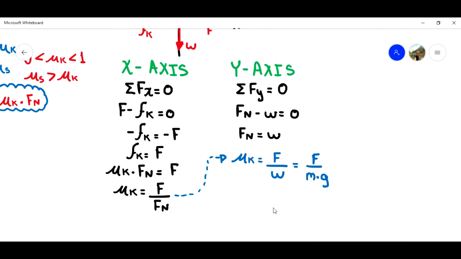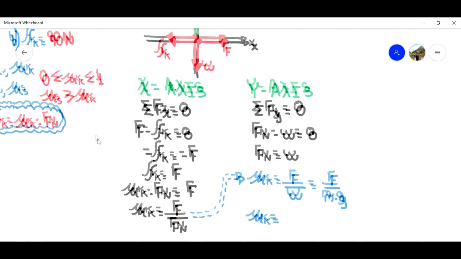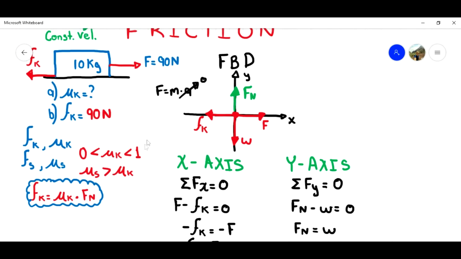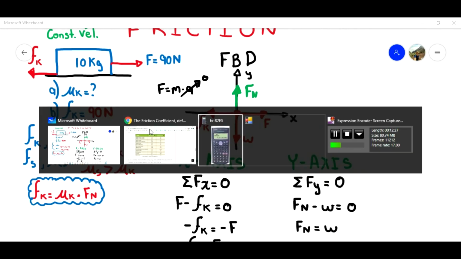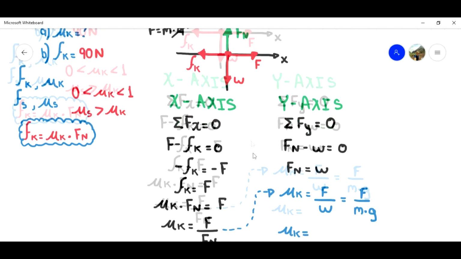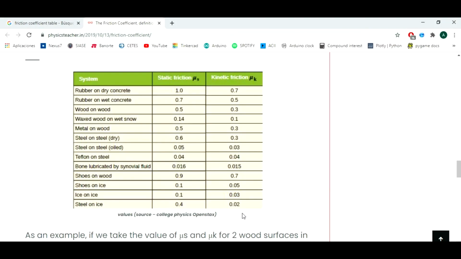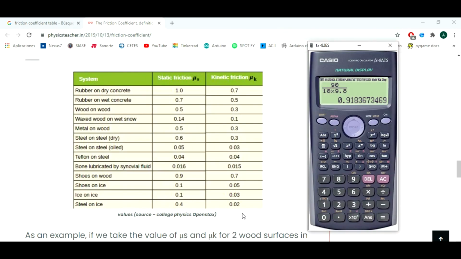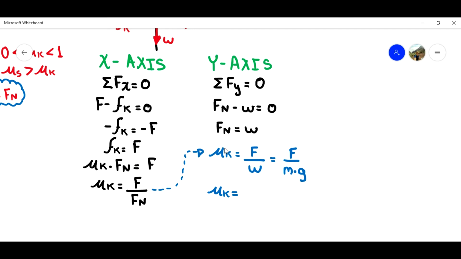Let's write it. Coefficient of the friction force equals, remember that this number must be between 0 and 1, and the greater the number, the harder it is going to be to move that object. Okay, the bigger the coefficient, the harder it's going to be to move that block over that surface.